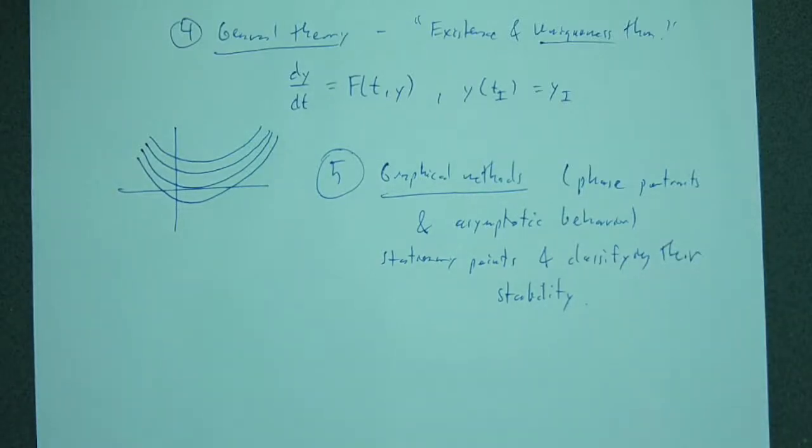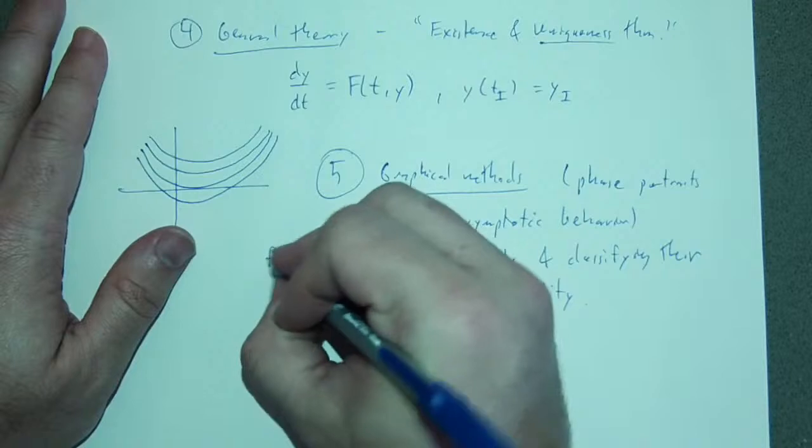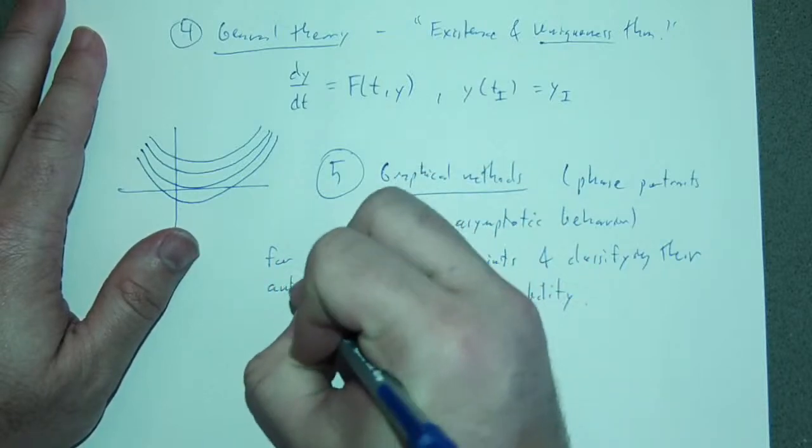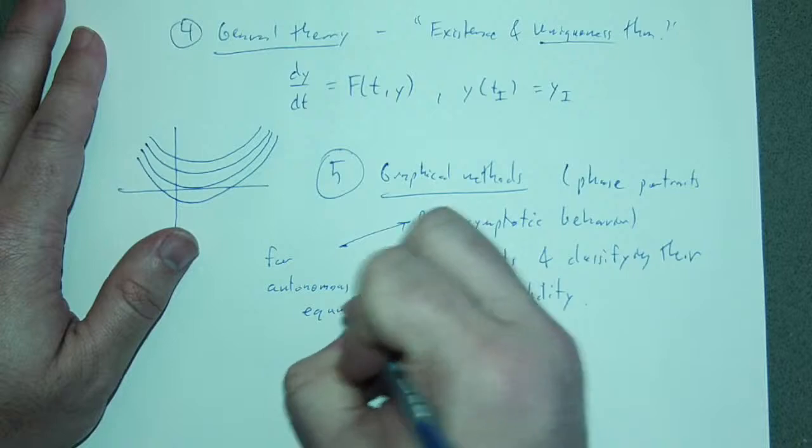We have done all of that now, right? We have done several examples of classifying stability of stationary points for some autonomous equation. So maybe that's something to keep in mind. We did this for autonomous equations, which are a special case of separable.